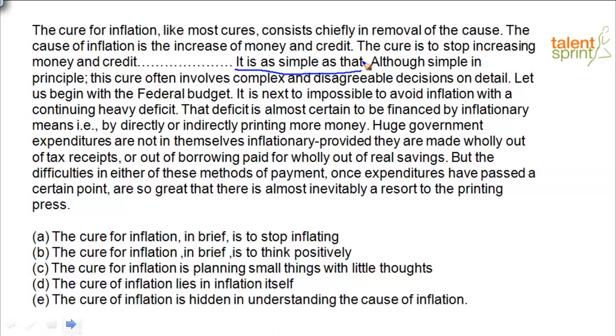Now, to understand the passage, inflation, I'm sure all of you know, is the rate at which the general level of prices for goods and services is rising. So consequently, the purchasing power of currency is falling. When the price level rises, each unit of currency buys fewer goods and services. We understand the concept of inflation. Now, because of this highlighted phrase right after the blank, it is as simple as that, if I look at my options, there is another key phrase in the option itself which is helping me.